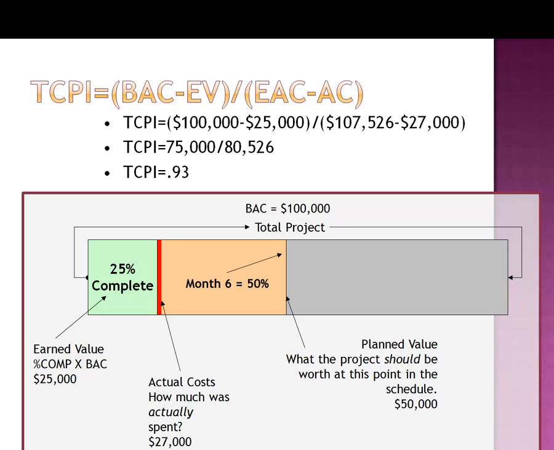Now, in this project, if we use the EAC, the estimate at completion, we would say the 100,000 minus 25,000 divided by the 107,526 minus 27,000 would tell us we have a to-complete performance index of 0.93. So chances are very good that this project will be able to hit the EAC, our new estimate at completion, because we have taken into consideration the variance that this project is going to have.